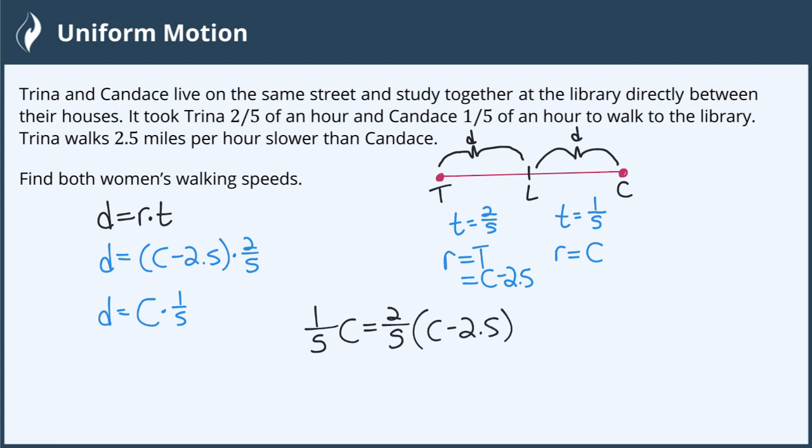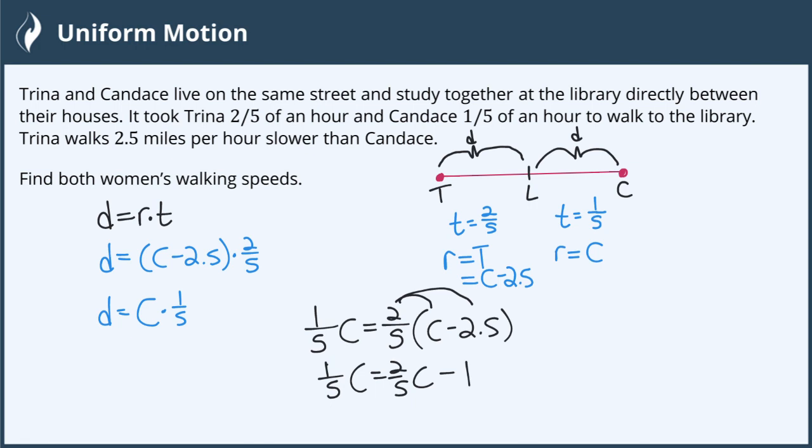I did bring the fractions out in the front of each piece, just so it's a little bit easier to see where it is. Now, to solve for Candace's speed, we're going to start by distributing the 2/5. So I have 1/5 C equals 2/5 C minus, and 2/5 times negative 2.5 is -1.